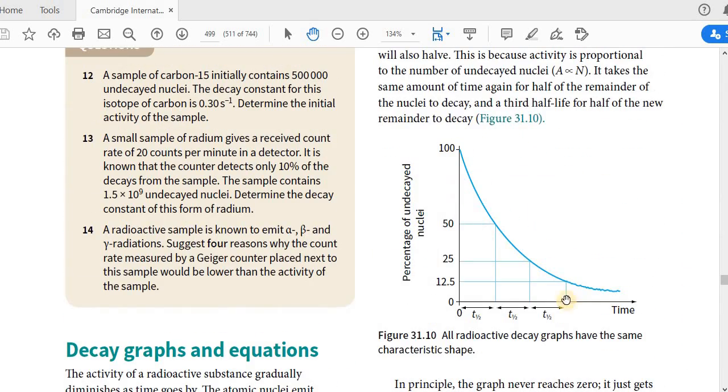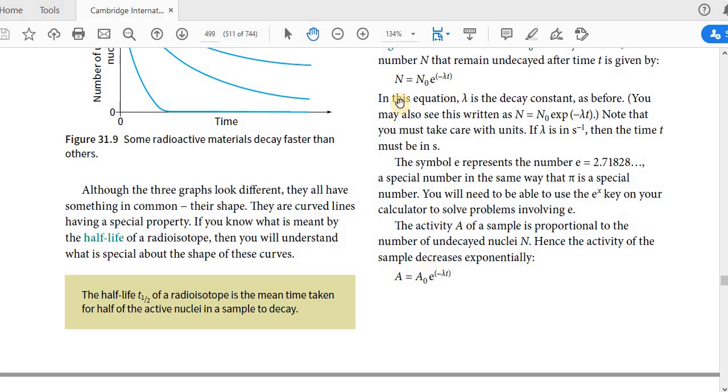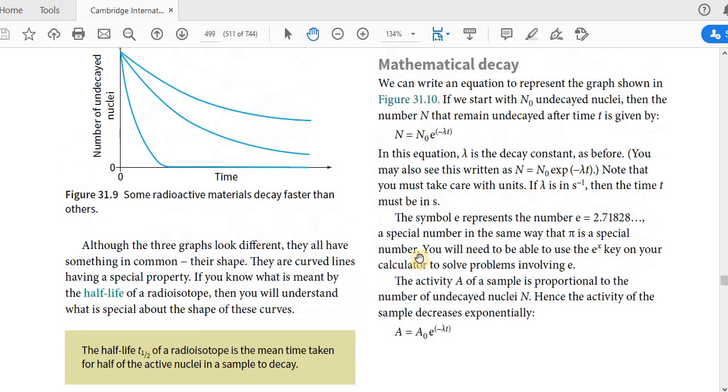It will be decreasing like this. The magnitude of the gradient will be decreasing. Same thing you can do with activity, because N is proportional to A. The activity is proportional to the number of undecayed nuclei.